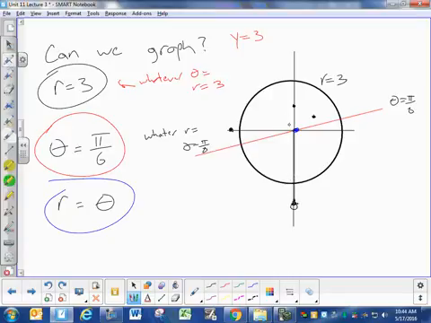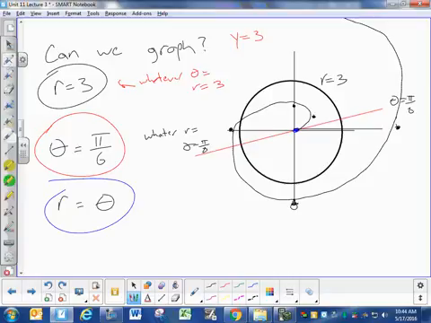So all of a sudden, if I go to 2 pi, 2 times pi is 6 point something, so I'm probably over here. We can see I would be spiraling out. And as my angle gets bigger, my radius would get bigger and bigger and bigger.